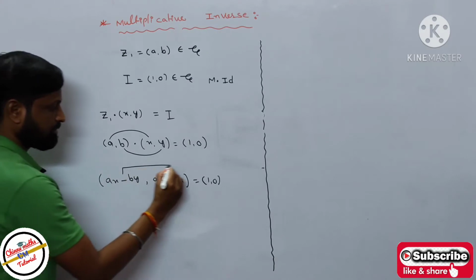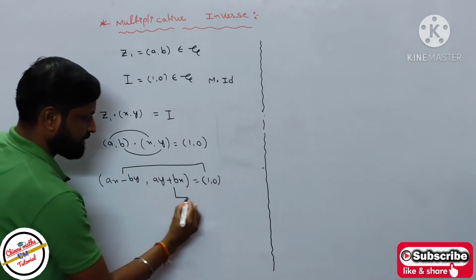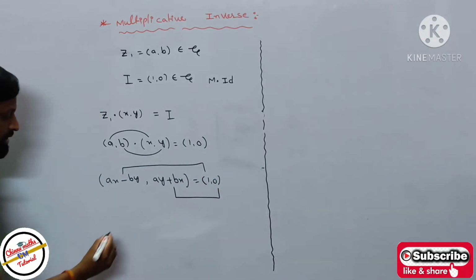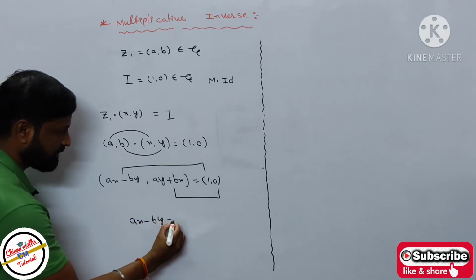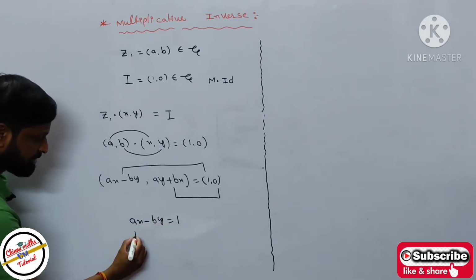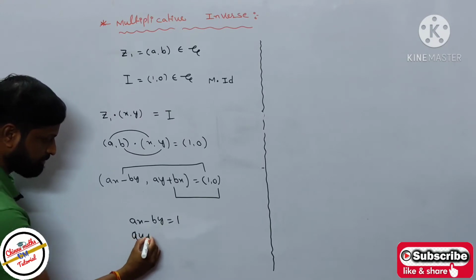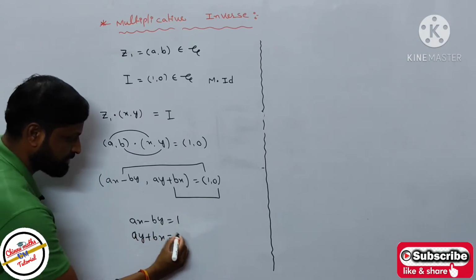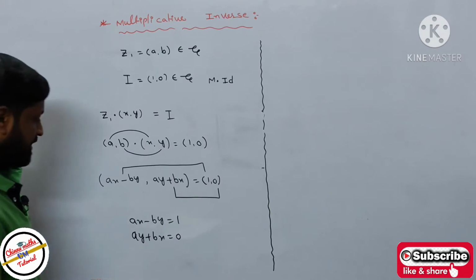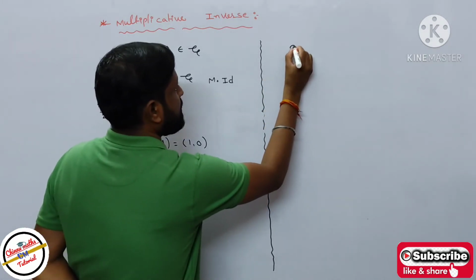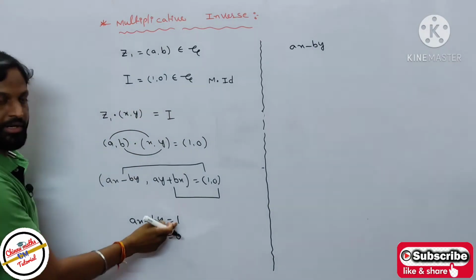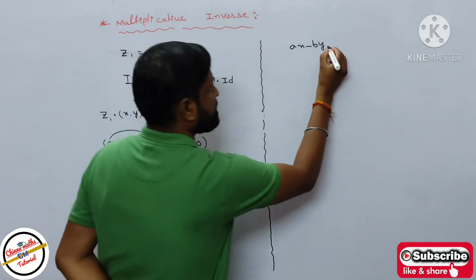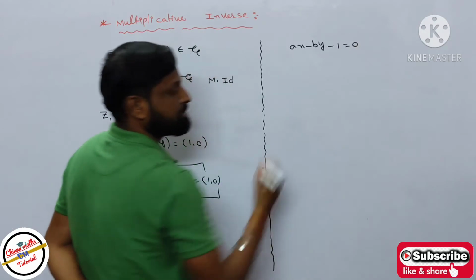Next, equating the first terms and equating the second terms, what do we get? AX minus BY equals 1. The second equation is AY plus BX equals 0. Write clearly: AX minus BY plus 1, that is minus 1, equals 0.